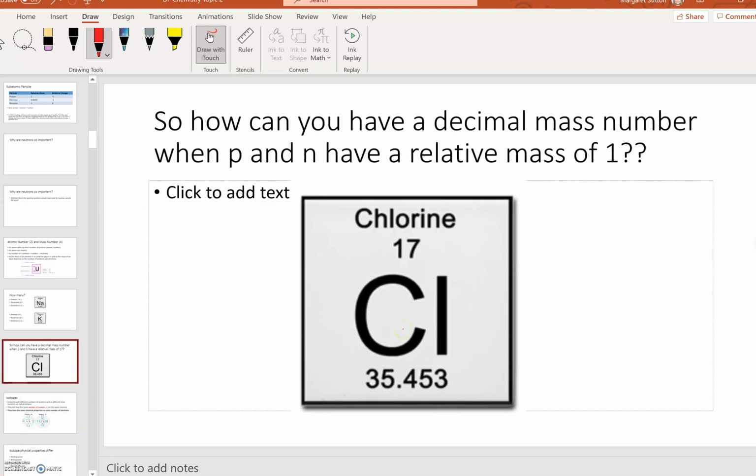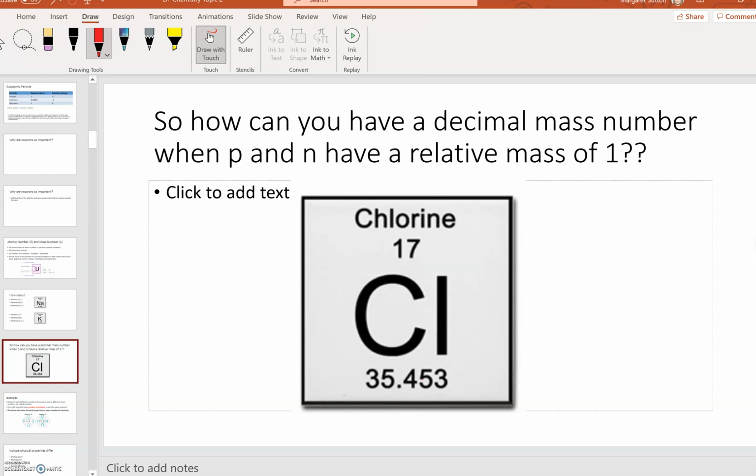So what doesn't really make sense then, if the mass number is the number of protons and the number of neutrons, is how on earth can we have this decimal number? How can we have a point something of a neutron or a point something of a proton? And the answer to that is because these are relative masses, and remember from topic 1, we know that these are relative masses because they're relative to carbon-12.